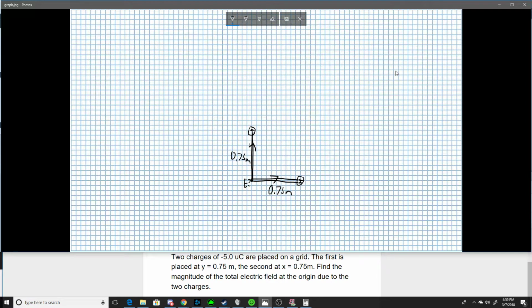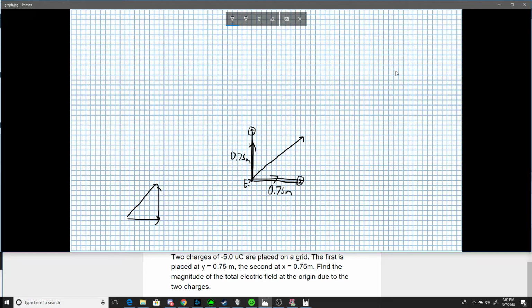Now if I do some pretty basic vector analysis, I've got electric field going that way, electric field going that way. I know that my total electric field is going to be in that direction there. I just need to figure out the magnitude, which is not drawn to scale.